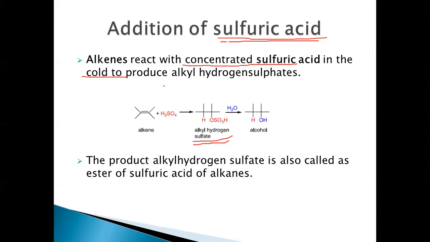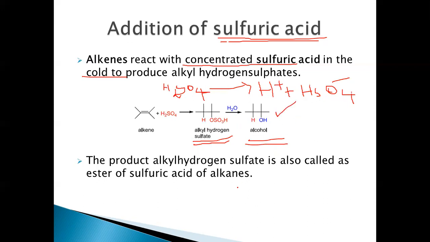In the first step, ionization of H2SO4 takes place, giving H plus and HSO4 minus, which is nothing but the bisulfate ion. The alkyl hydrogen sulfate, on hydrolysis, will give you the desired alcohol, and it is also called an ester of sulfuric acid.